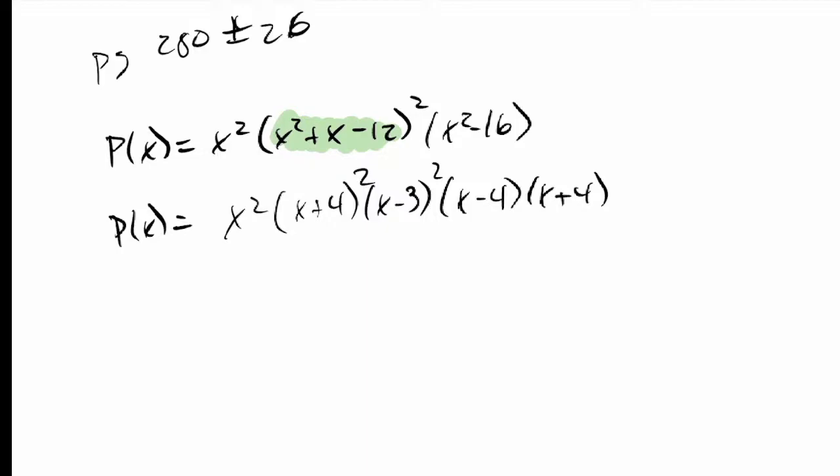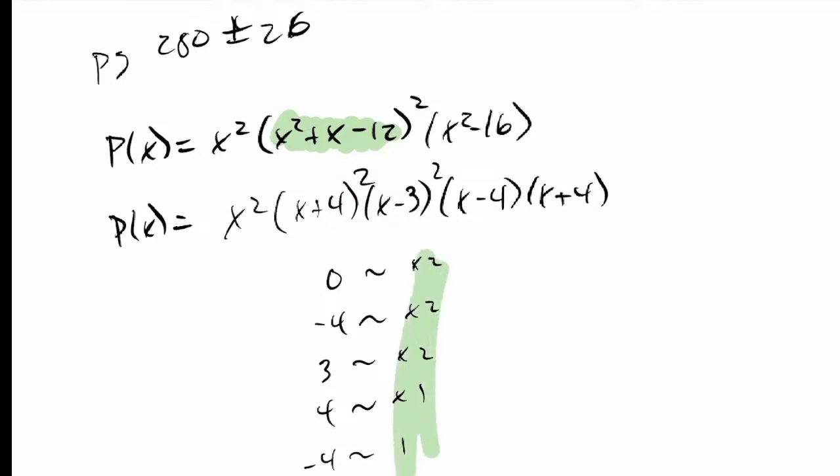So this has a root at 0, multiplicity of 2, root at negative 4, multiplicity of 2, root at 3, multiplicity of 2, root at 4, multiplicity of 1, and a root at negative 4, multiplicity of 1. Add up your multiplicities, they should add up to the degree of the polynomial. This becomes 2, 4, 6, 7, 8, degree 8 polynomial, and that's what we have. That's the idea with the multiplicities.